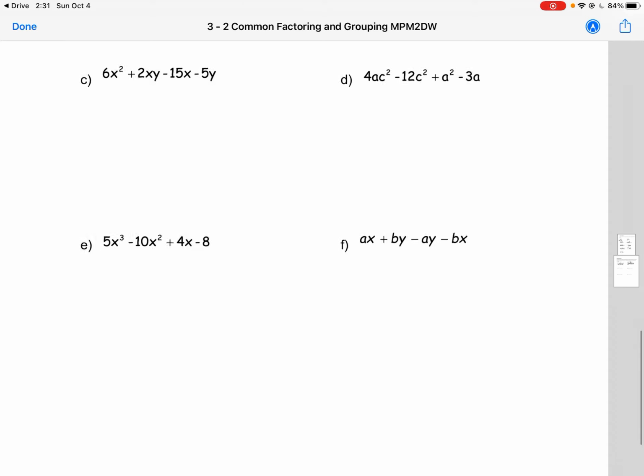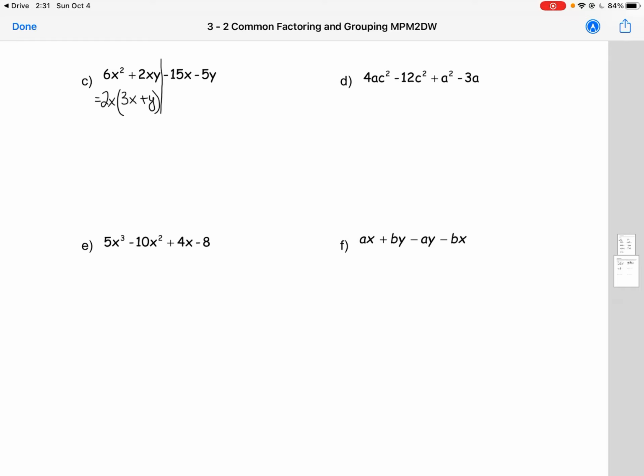Let's look at a few more. So here, again, I'm going to notice that I've got something in common in my first 2 and something in common in my second 2. And what I'm going to do here is factor out 2x. That's in common between those first 2, which is going to leave me with 3x plus y.